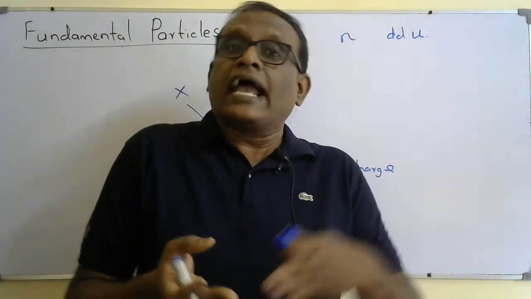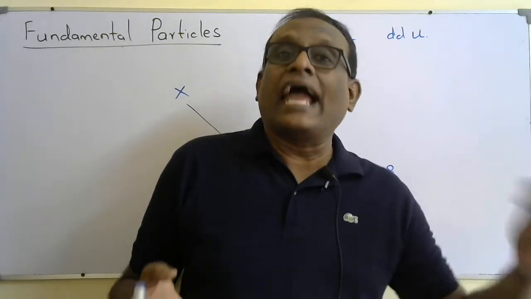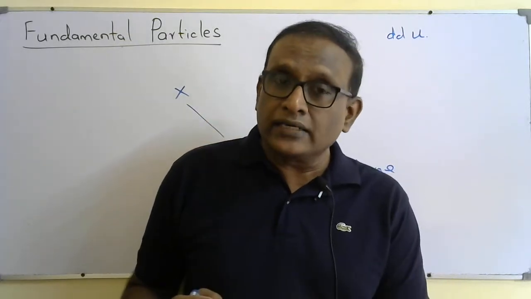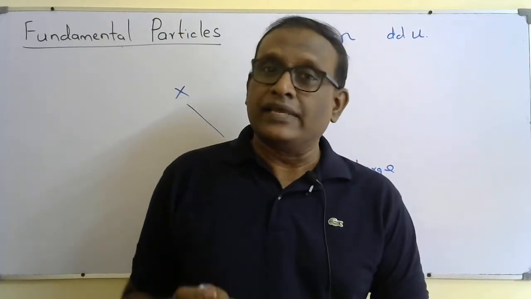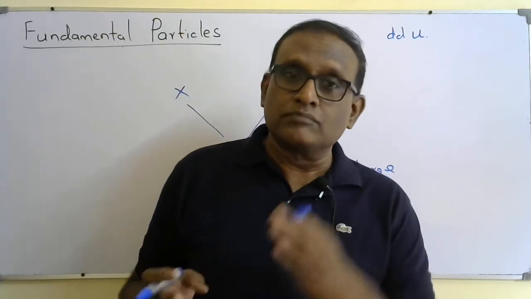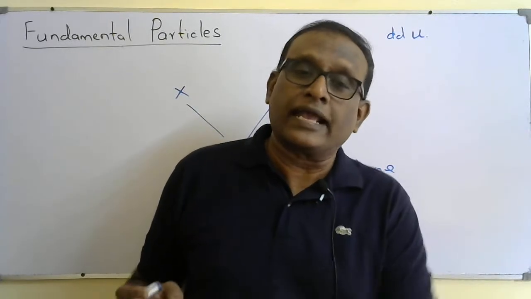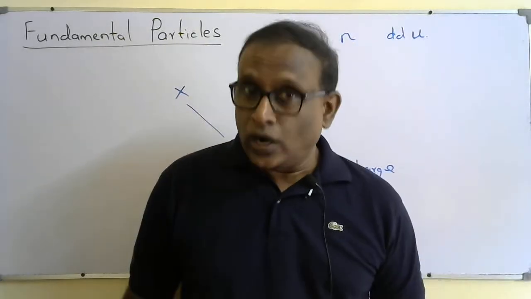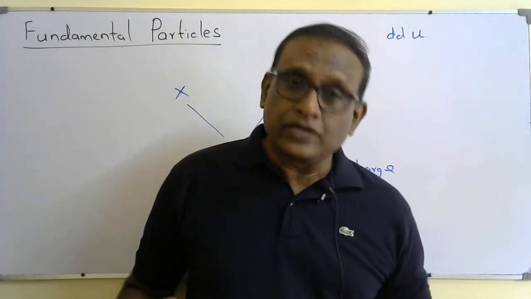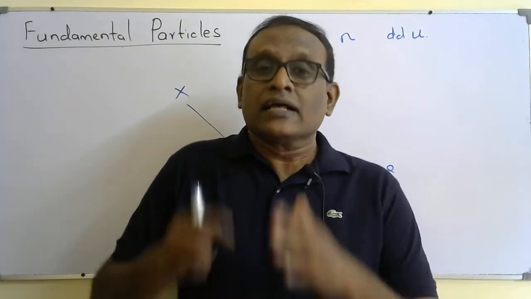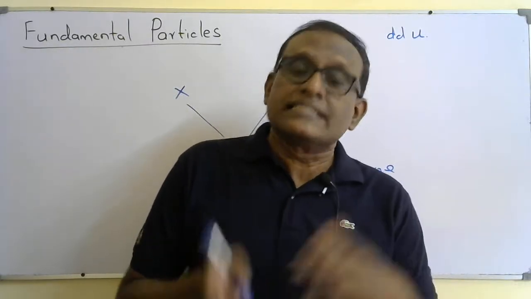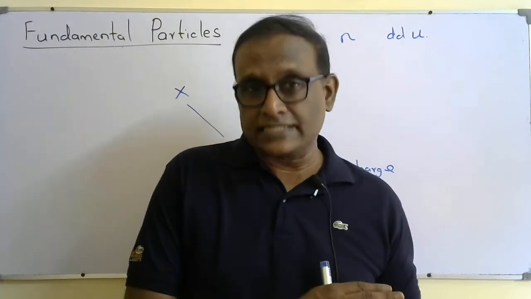Up quark has an antiquark called anti-up, down quark has anti-down, charm has anti-charm, bottom has anti-bottom, top has anti-top. That means they have the same mass, same magnitude of charge, but opposite sign of charge.